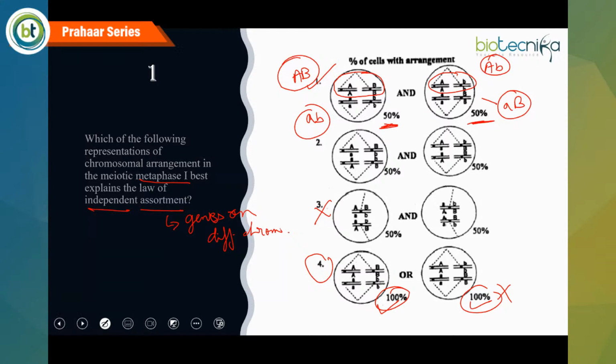Independent assortment said that all the possible combinations can be there in the dihybrid crosses with equal probability. Is it followed, everyone? Okay, so in this question, the answer will be option 1.